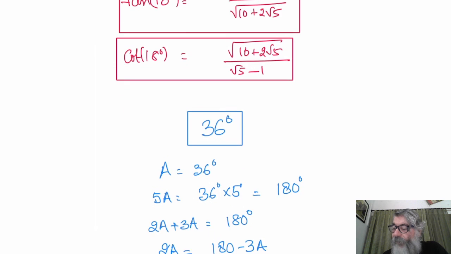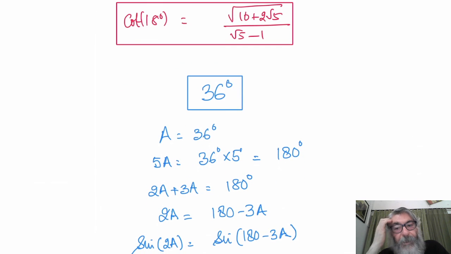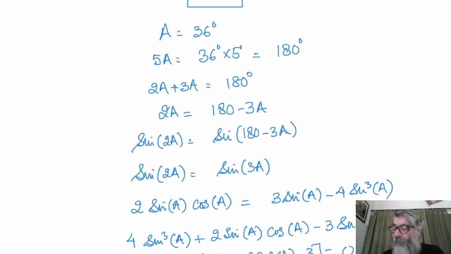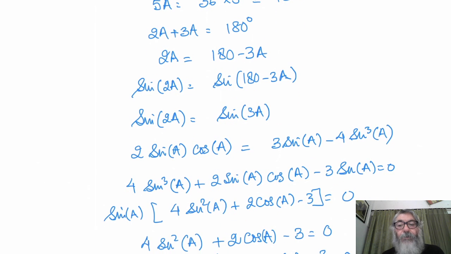For the 36 values, we applied the same principle. A is equal to 36, so 5A will be 36 into 5, that is 180. In the first case the angle had become 90, in the second case the angle had become 180, and the same principle was applied. 2A plus 3A is 180, so 2A will be 180 minus 3A. Sin 2A will be sin of 180 minus 3A, and the same thing followed. Here sin didn't change into cos because we are subtracting from 180.